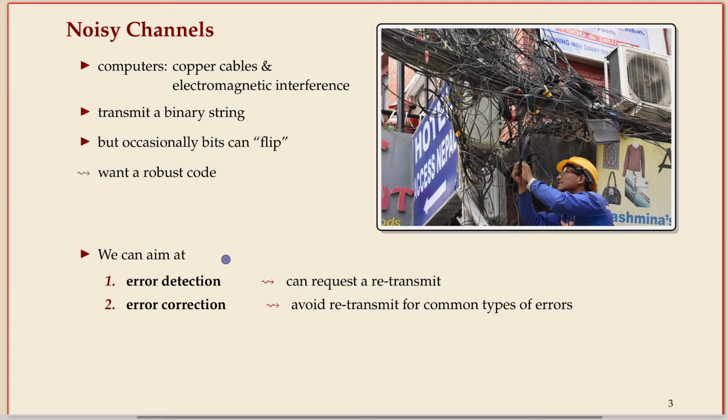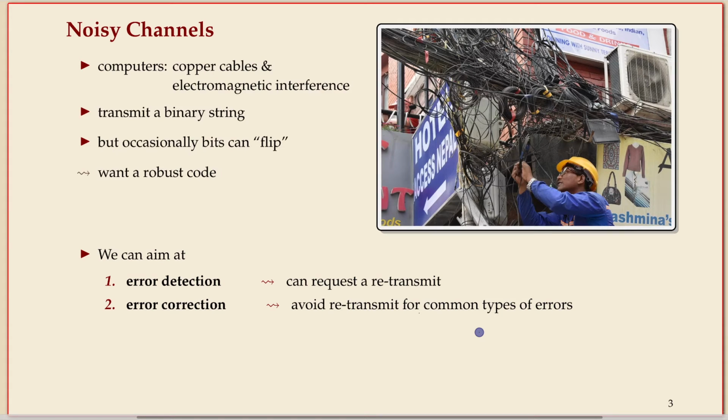So we definitely want to detect errors so that we can just ask the person to say the same thing again, ask the computer to retransmit that package. Sometimes it's also convenient to correct the errors if possible, so we build in more redundancy. Then we can avoid retransmitting something. And there are also scenarios where retransmitting is not really an option.